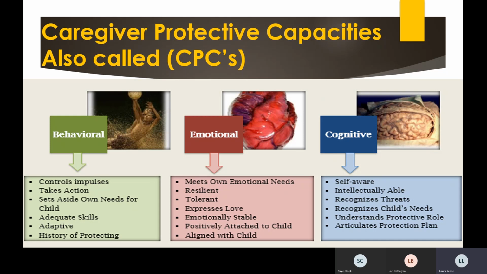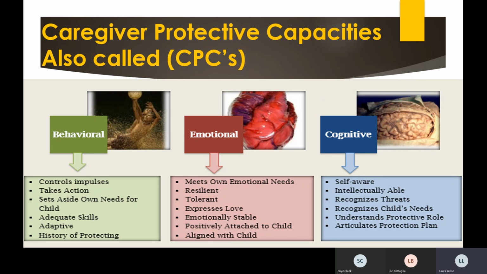Do they express love? Again, this is for their child. Are they emotionally stable enough for the protection of their child? Are they positively attached to their child? And are they aligned with their child?